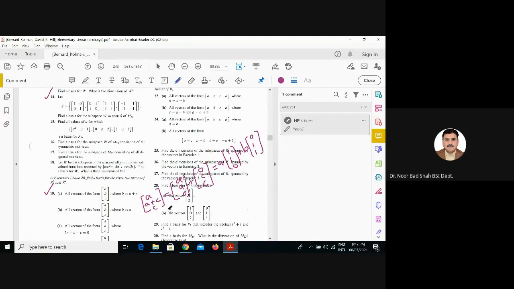Right, so S set becomes what? We get these two vectors. One is 1, 1, 0, and the second one is 0, 1, 1.